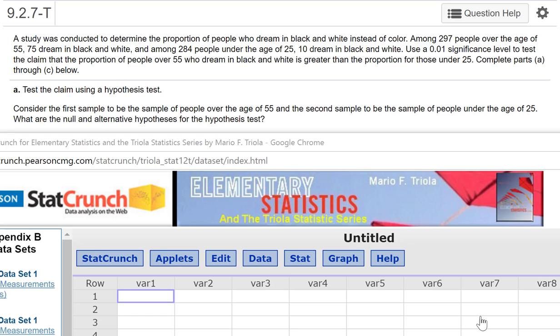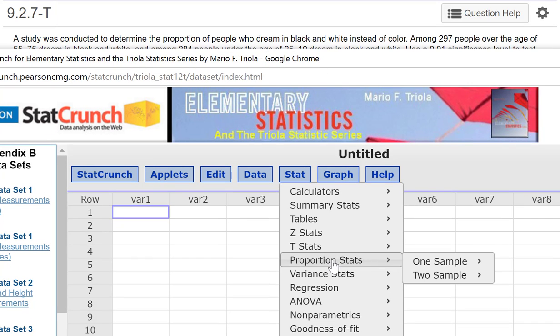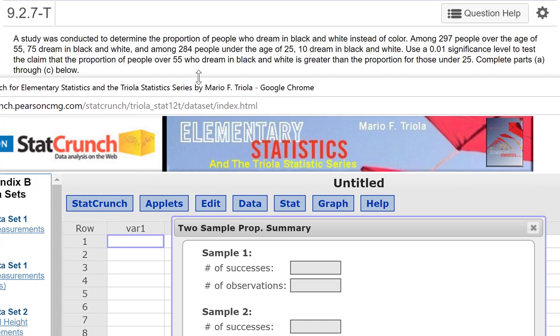So we're going to go to Stat, Proportion Stats, which you might not be able to see. Let me lift this up. Proportion Stats, we have two samples now, and we have summary data. Sample 1: remember, sample 1 is the people over 55. It says 297 people, 75 dream in black and white.